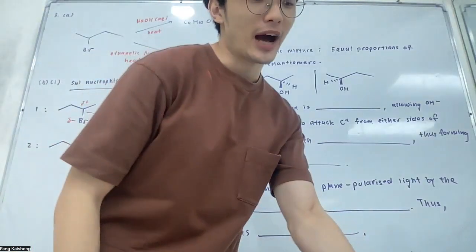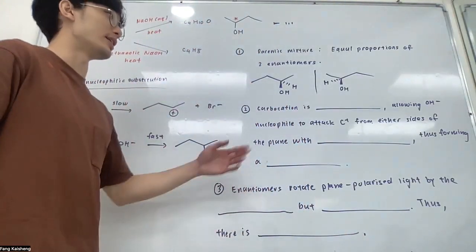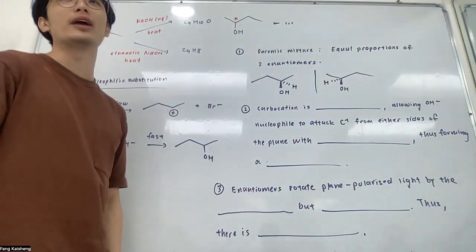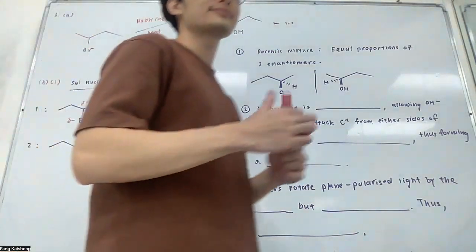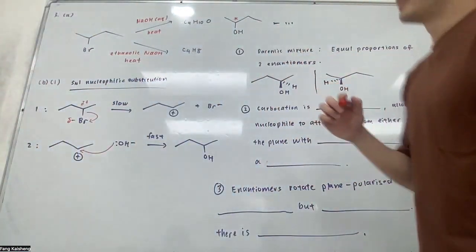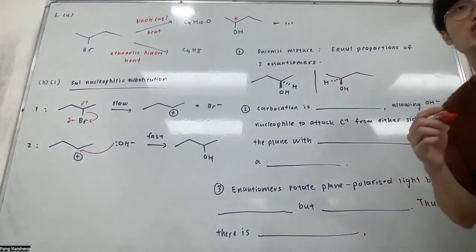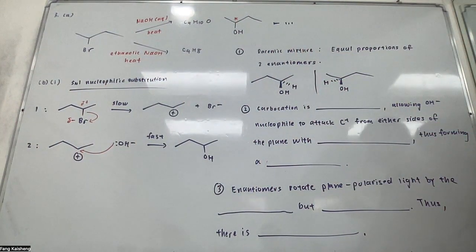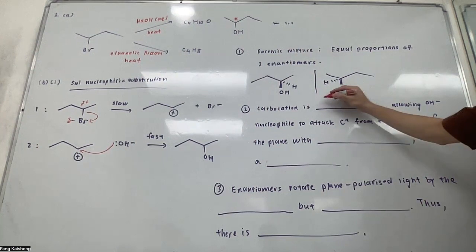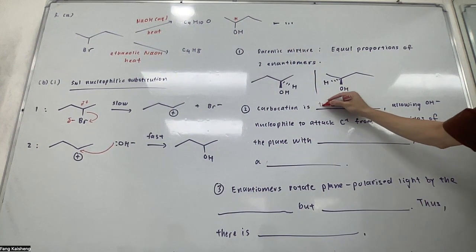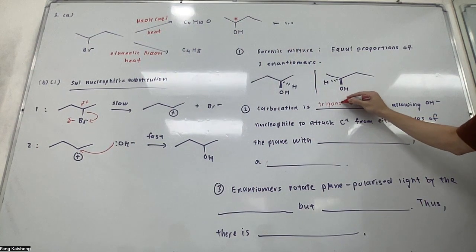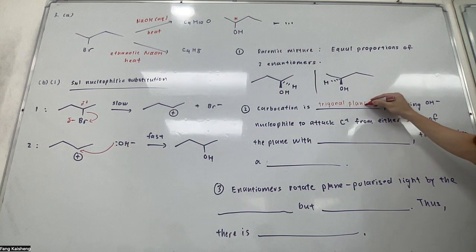To explain the second one, how does a racemic mixture form? Guys, what are the keywords here? First of all, you must tell me the carbocation is what? The carbocation has a specific shape that allows this to happen. What is it? Yes. You must first tell me the carbocation is trigonal planar in shape.